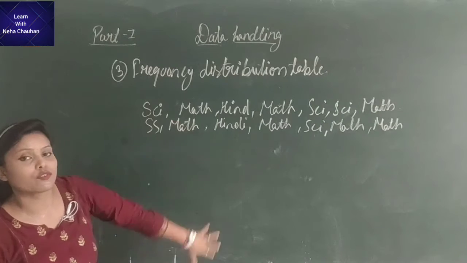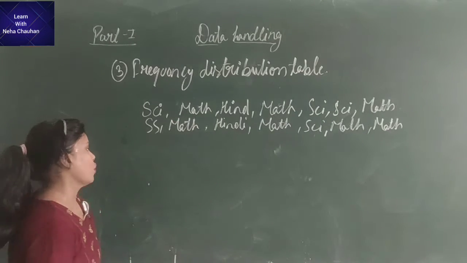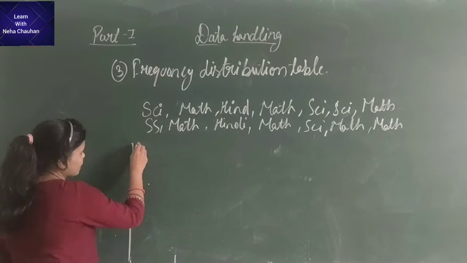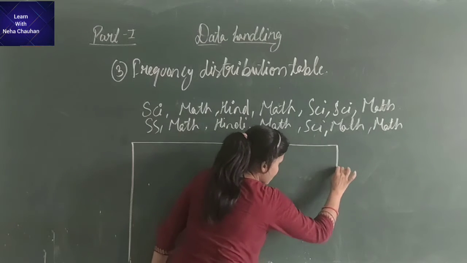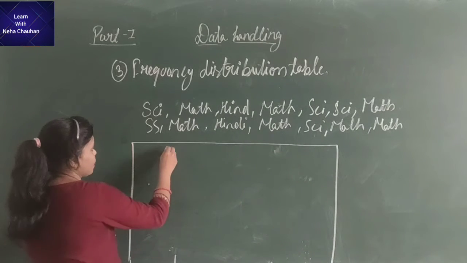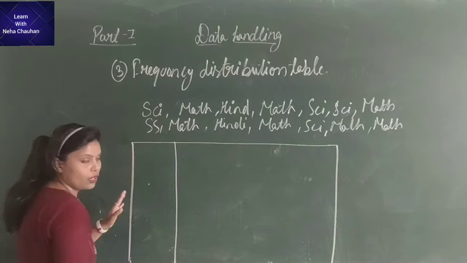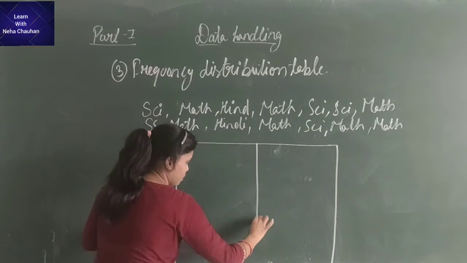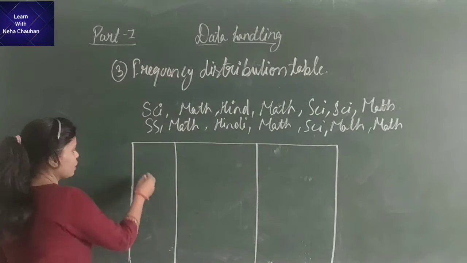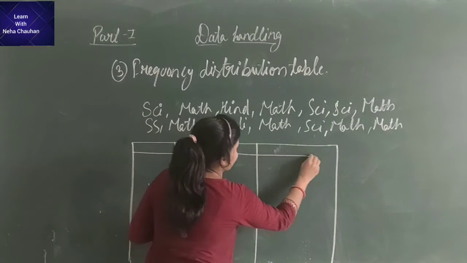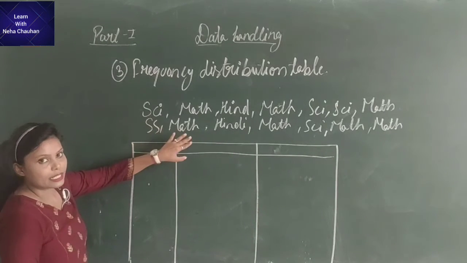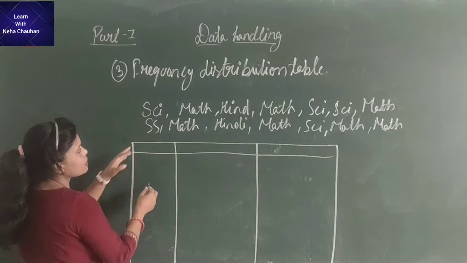Now I have to represent it in the tabular form. So how will we represent it in the tabular form? We have to draw a table like this and we will make 3 columns like this. Okay, so in the first column we will write the entities. So what are the entities? These are the subjects.